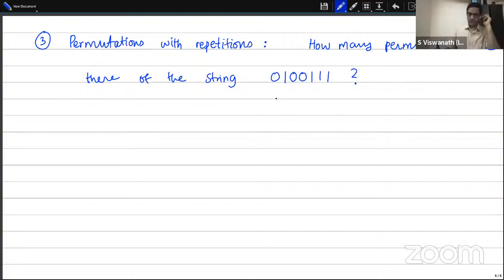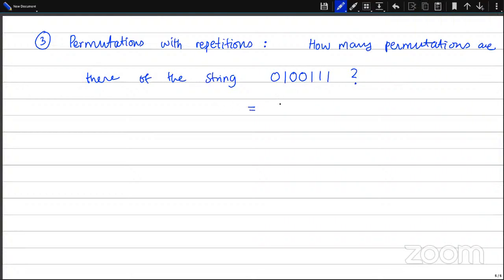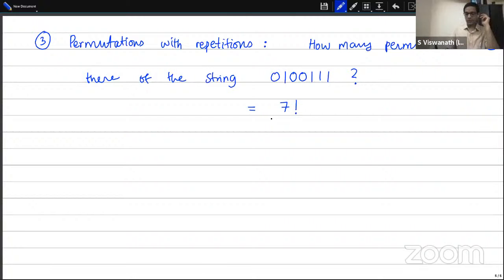In this particular example there are totally 7 objects, so you can permute those 7 in 7 factorial ways, but many different permutations will give rise to the same word because the zeros and the ones are indistinguishable. So how many different permutations will give you the same thing?